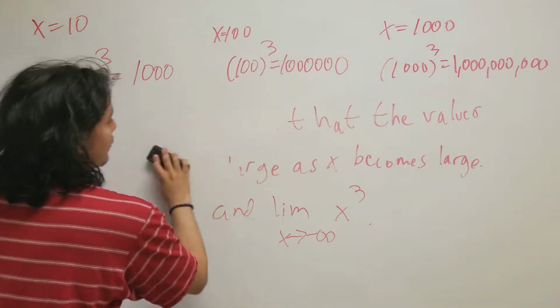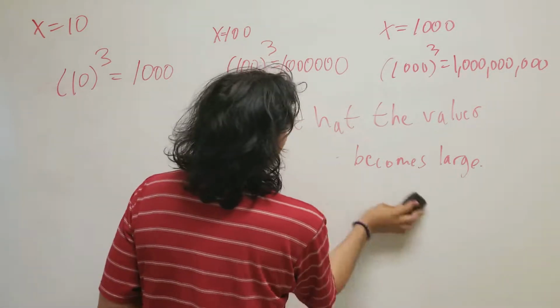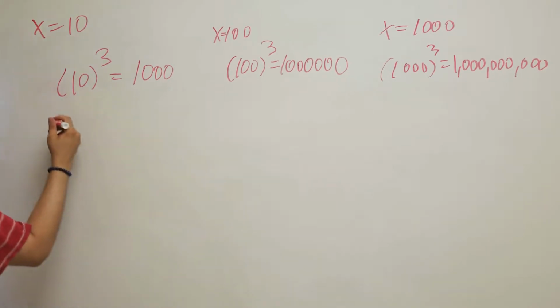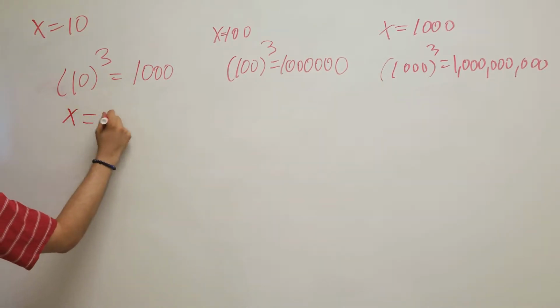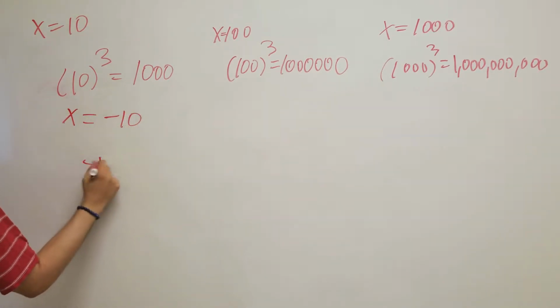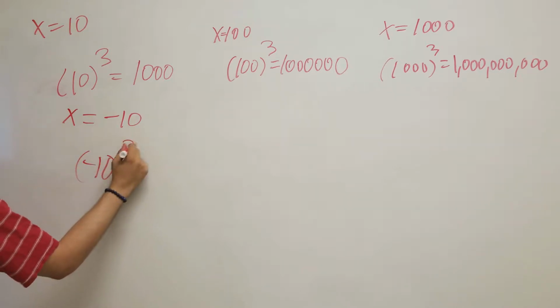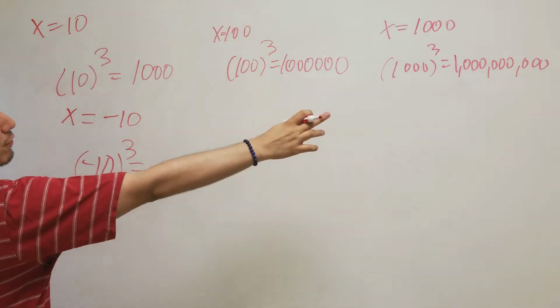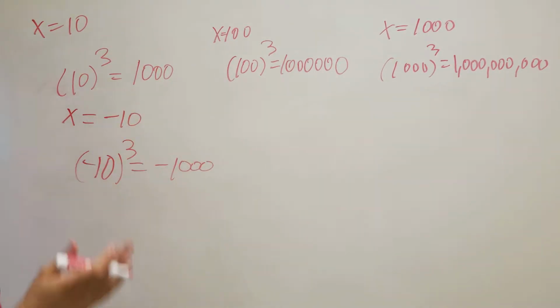Similarly, this holds true for the negative limit. If I gave you negative 10, you would get negative 1,000. You get the exact same thing for each one of these, but a negative value.